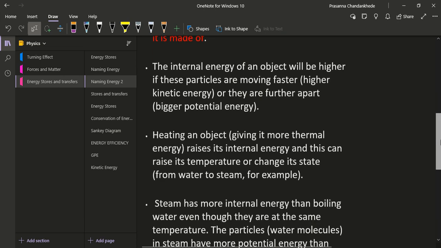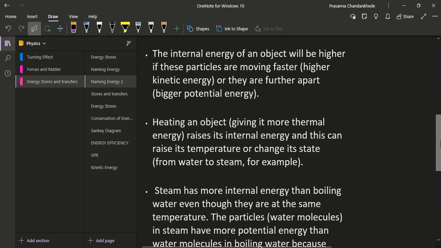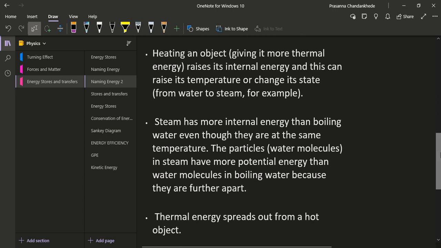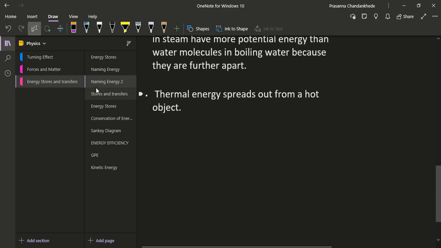It raises its internal energy and this can raise its temperature or change its state, for example, water to steam. Steam has more internal energy than boiling water, even though they are at the same temperature. The particles, the water molecules in steam, have more potential energy than water molecules in boiling water because they are further apart. Thermal energy spreads out from a hot object.